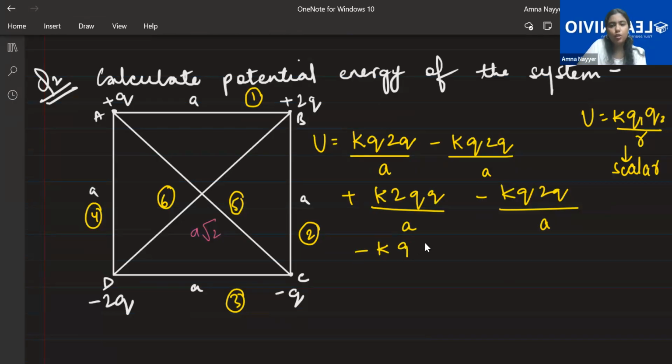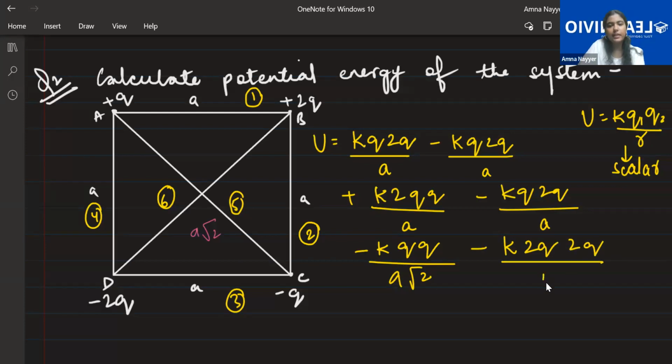Minus K Q into Q because both are Q divided by A. And the last one, sixth one is left. This will also be negative because 1 is negative. Minus K into 2Q into 2q divided by a, like this. Basically, I am taking individual energies and I'm adding them. That's what I'm doing.